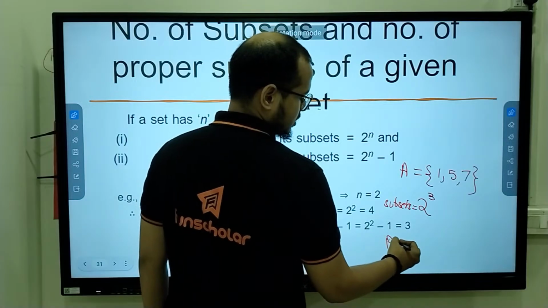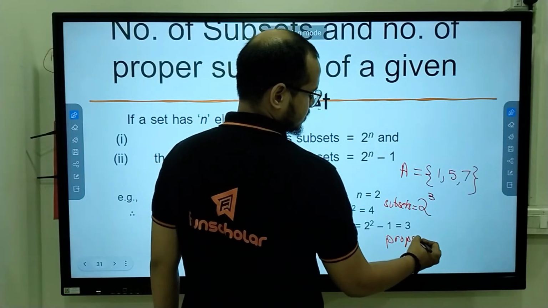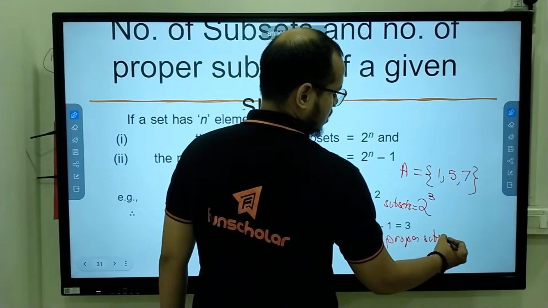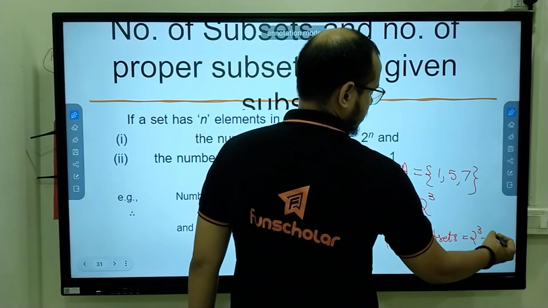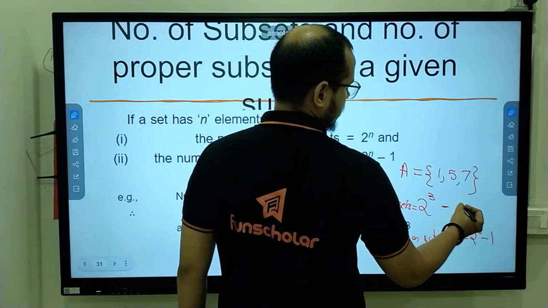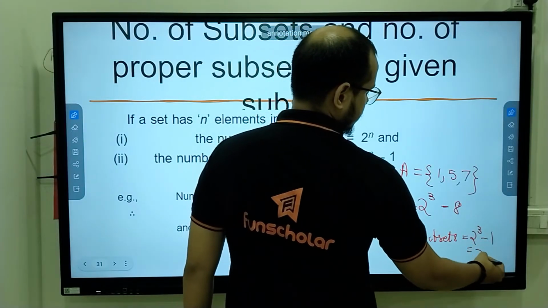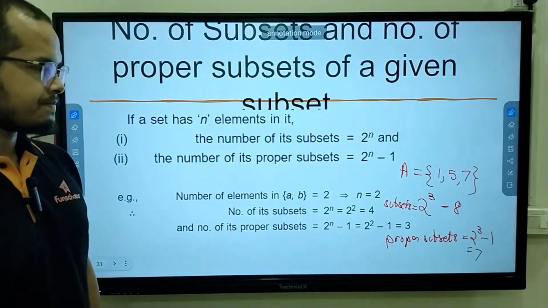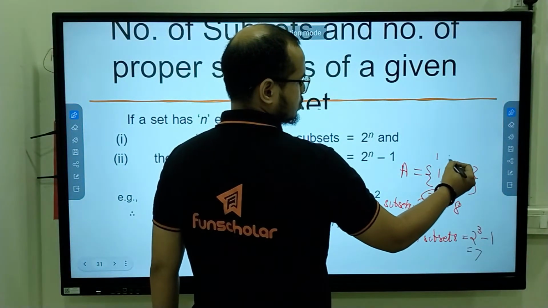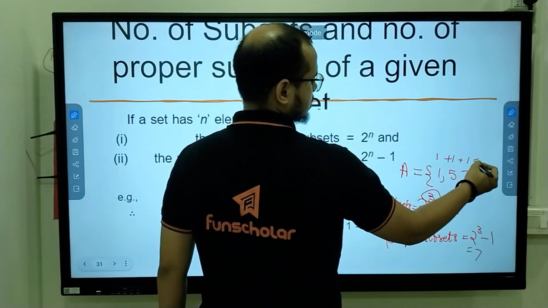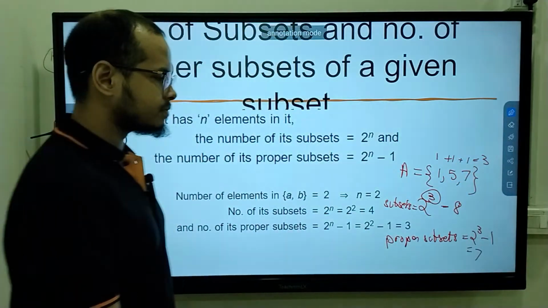And the number of proper subsets will be 2 to the power 3 minus 1. So 8, and this is 7. Where did this 3 come from? Number of elements: 1 plus 1 plus 1 is equal to 3.